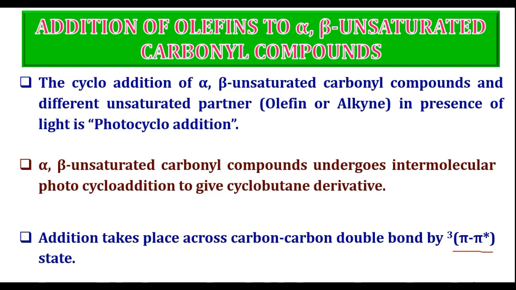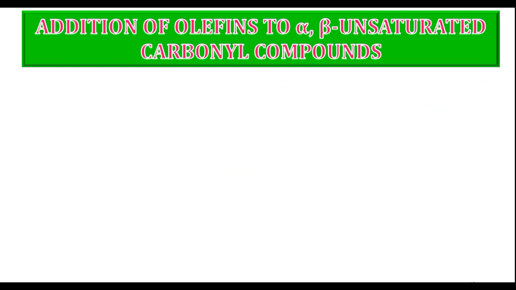So let's see an example. Cyclopentenone reacts with an olefin. So this is an alpha beta unsaturated carbonyl molecule. You can observe here, this is the alpha position of the carbonyl group, this is the beta position of the carbonyl group. So now what is happening, on irradiation with light we get two products. Cycloaddition like this.